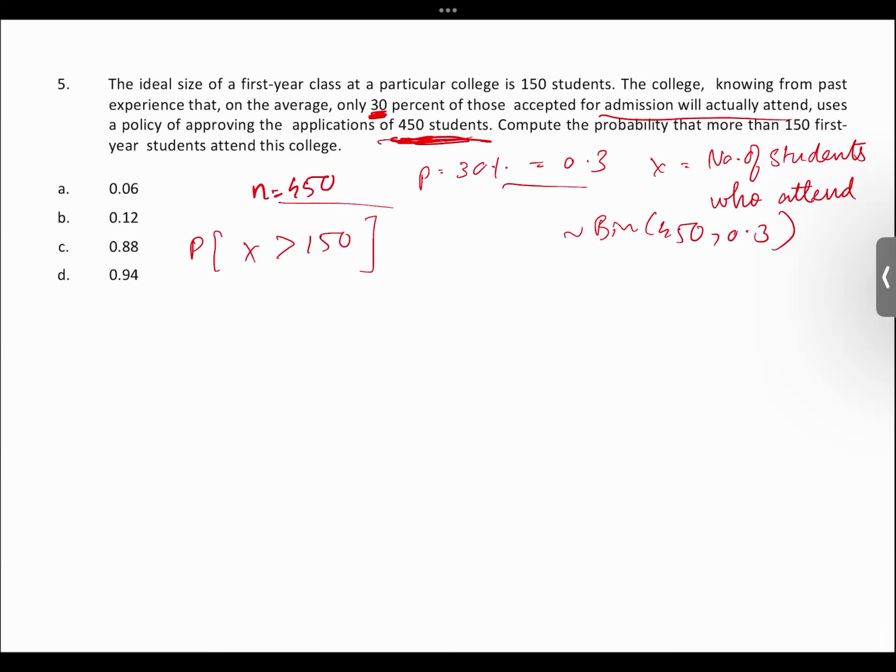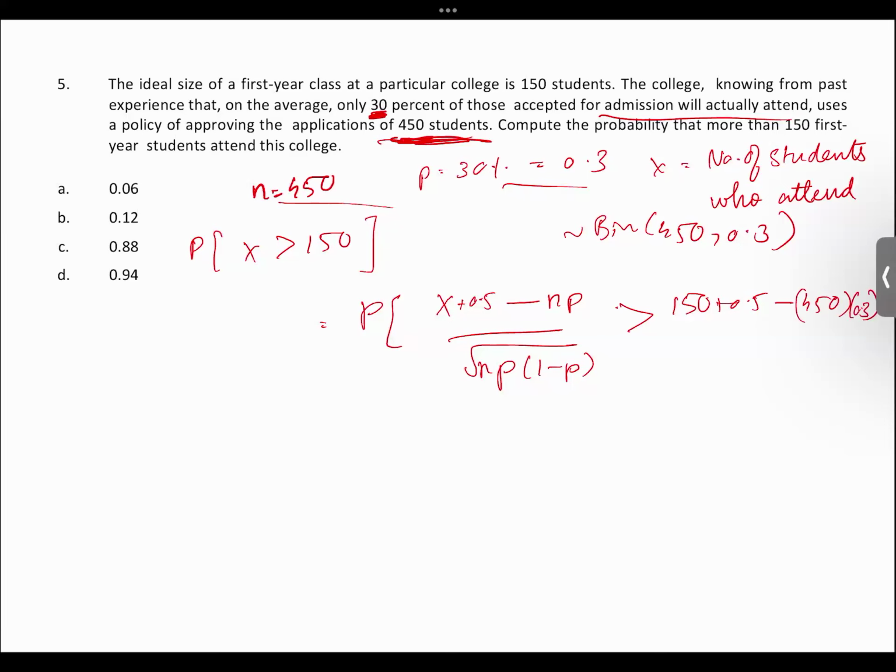Now let's do the normal approximation of this. You'll have the probability of (X plus the continuity correction, minus np) divided by the square root of np(1 minus p), greater than 150 plus 0.5 minus 450 into 0.3, divided by the square root of 450 into 0.3 into 1 minus 0.3.